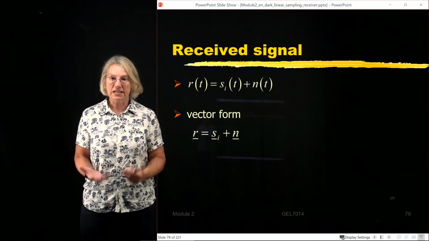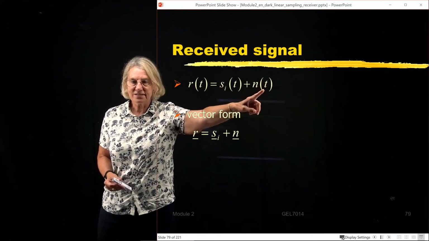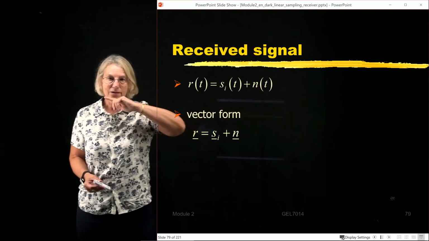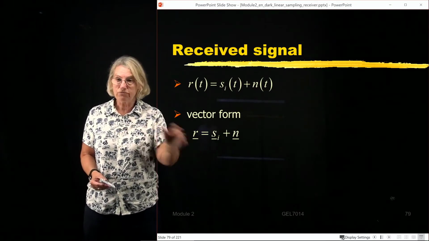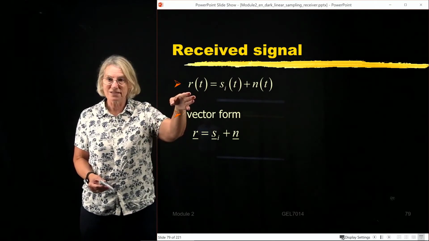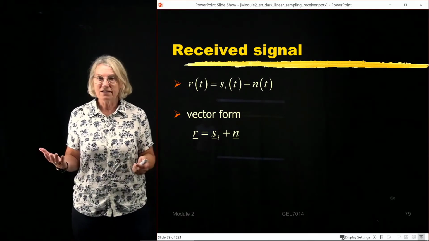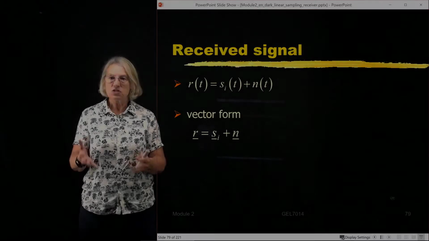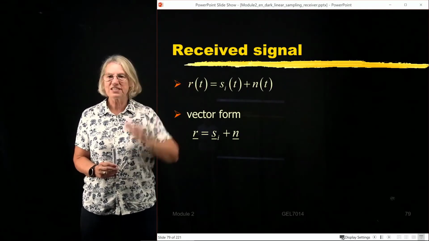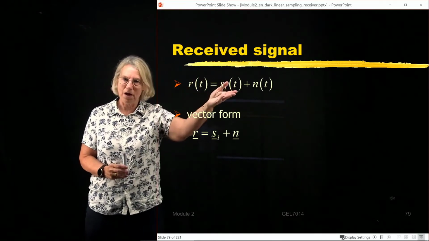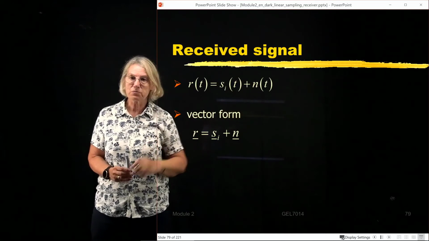So the received signal now, I know that it's the symbol sent plus this random process that I have on the noise, and I can represent this now in vector form. I don't have to do time domain signals. I can just look at the vectors in the signal space that I've created. So where are we so far? Now we are able to represent the received signal. The received signal is the sum of the symbol that was transmitted and the random noise process.